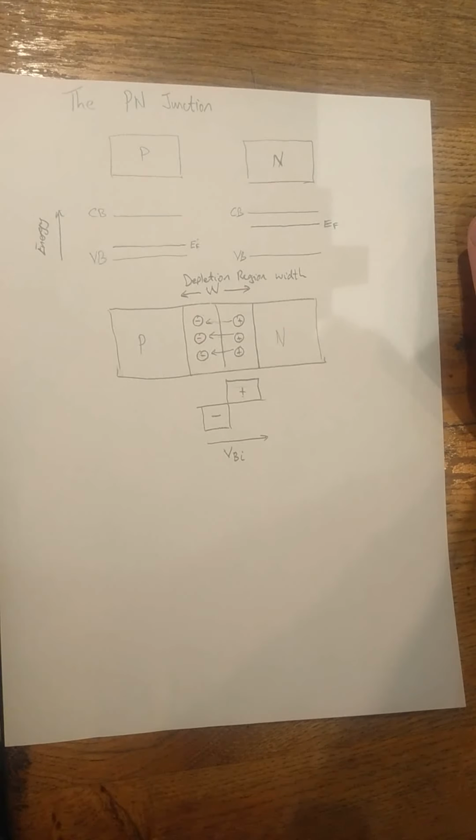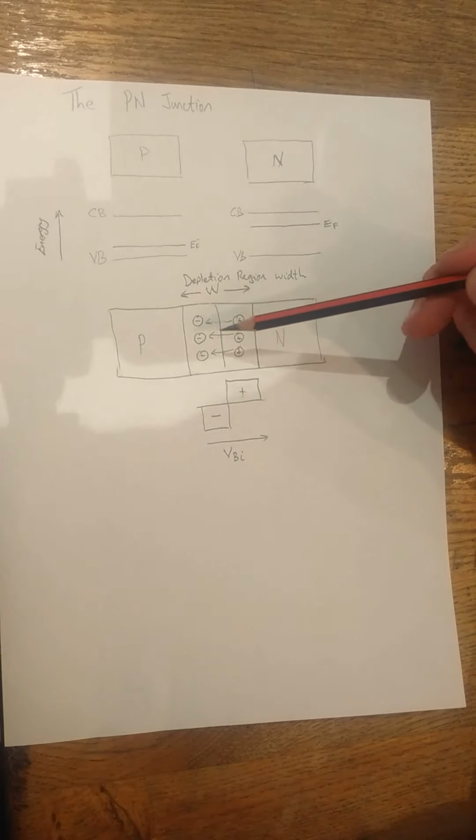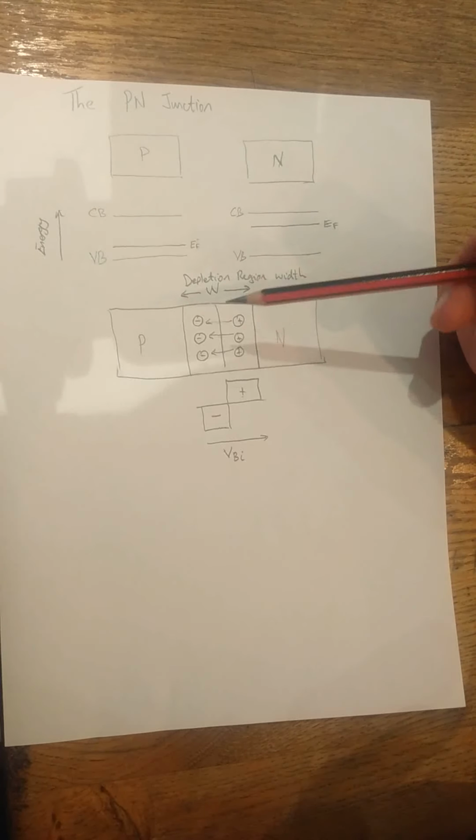The other thing about it is if you have an unequal doping. As I draw you these pictures, I'm showing you equal depletion regions on both sides. That's basically making the assumption that you've got an equal doping concentration, both in terms of your p-type acceptor atoms and your n-type donor atoms.